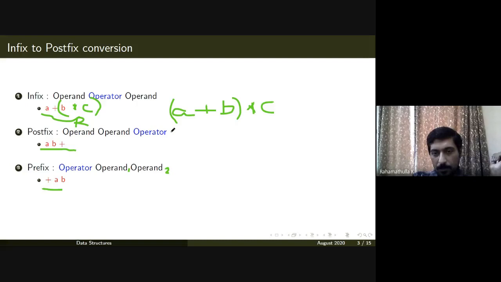So this sort of round bracket or parenthesis is required in an expression for showing the precedence, or priority, of the operator. But in the case of a postfix expression, we don't require such brackets, because the corresponding postfix expression will be like this: a b plus, then c and star.